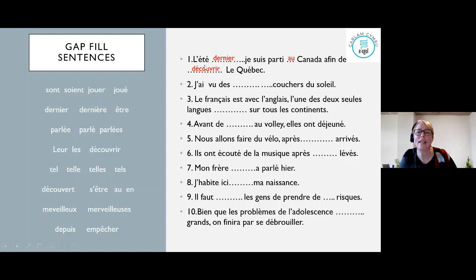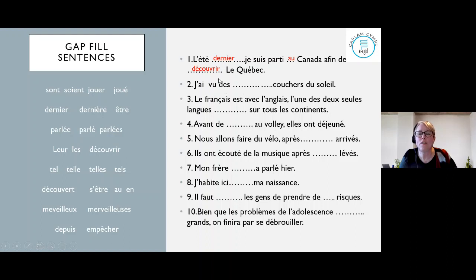So last year, l'été dernier, and you know the adjective comes after the noun here. Je suis parti au Canada. So I left for Canada in order to discover, in order to plus infinitive, visit or discover Quebec. Okay, we haven't got visit, we got something similar, discover. Okay, that all makes sense. A sentence on its own makes sense there.